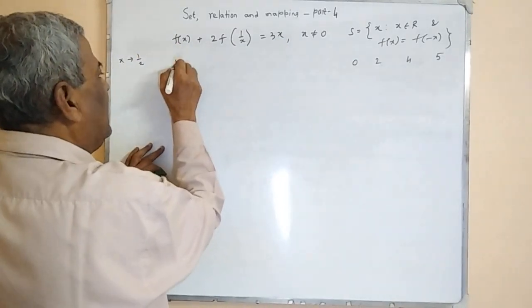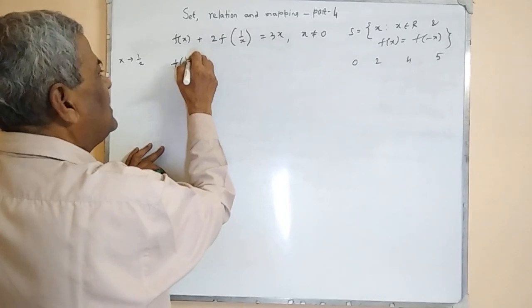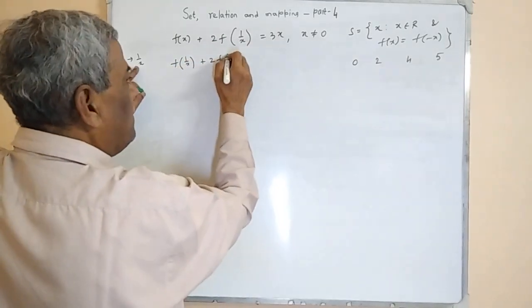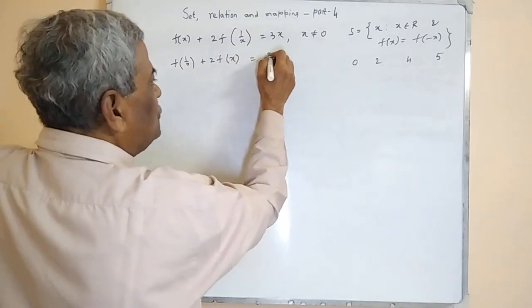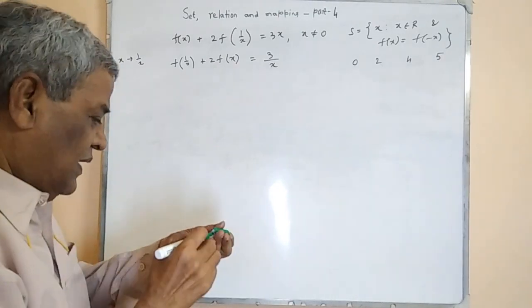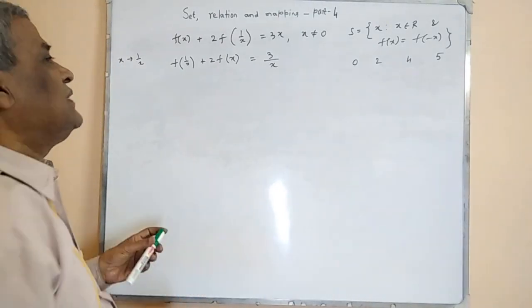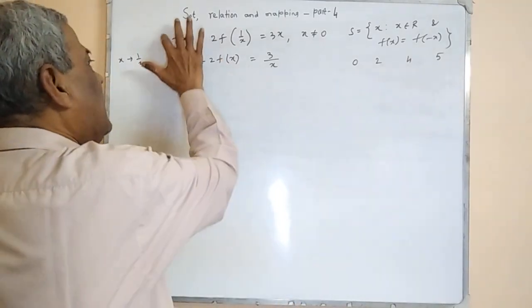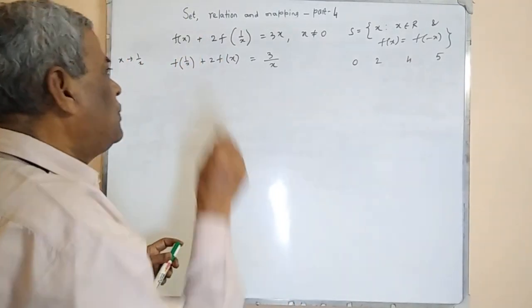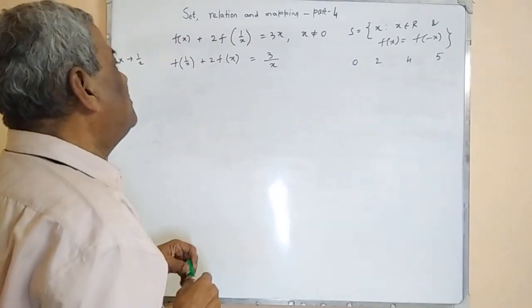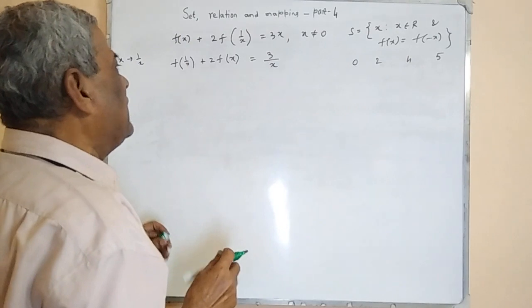This becomes f of 1 by x plus 2 f(x) is equal to 3 by x. So ultimately we get two relations involving f(x) and f of 1 by x, 1 and 2. From these two, very easily we can find the value of f(x) or f of 1 by x.